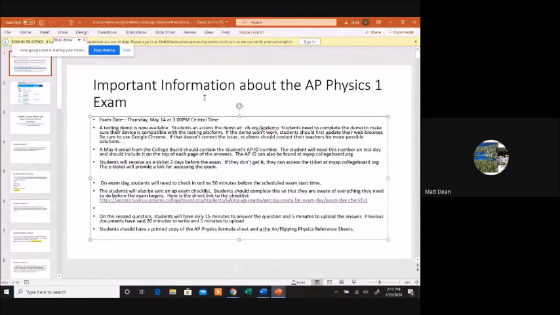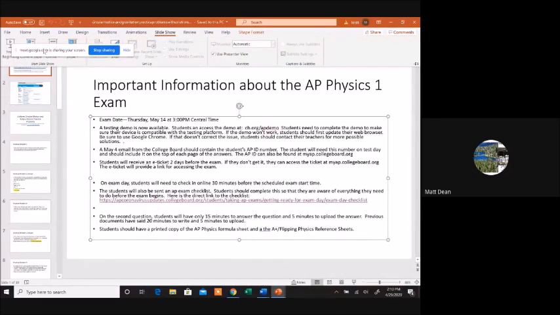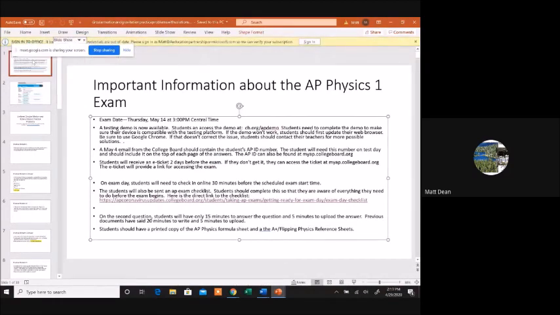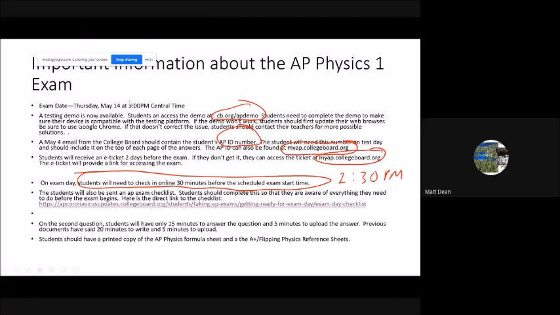Another thing that's caused some confusion for folks: when they originally posted the directions for this new exam, they had a typo on some of their materials. On the second question, they said there was 20 minutes to answer the question and then 5 minutes to upload the answer. That was a typo.